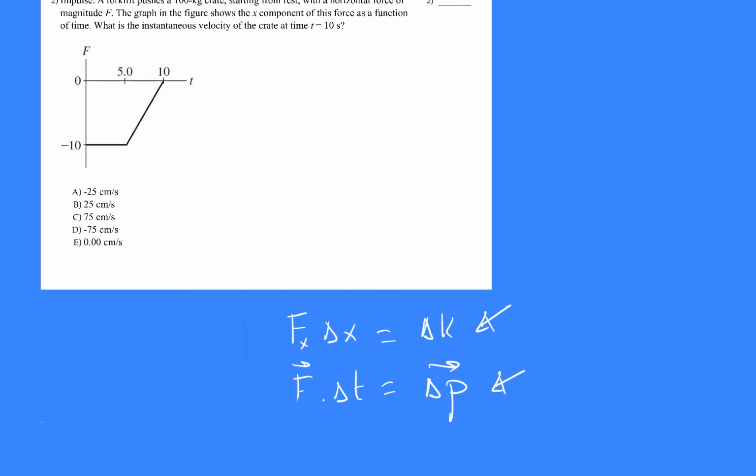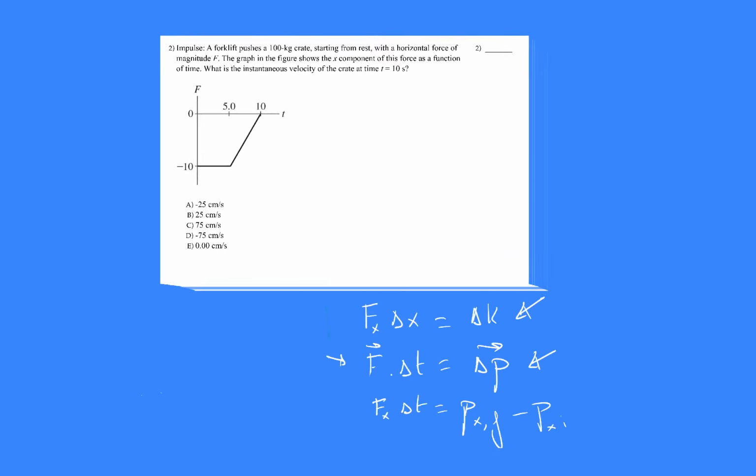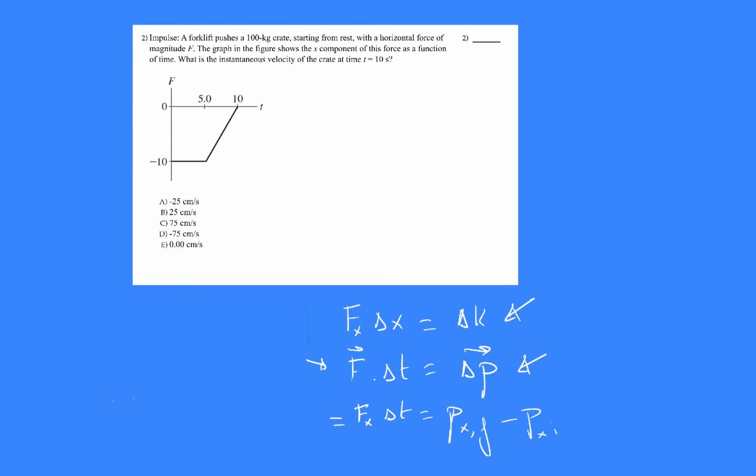But in this problem, indeed, they look like scalar equations, because they say the force in the x direction times delta t is the change in the momentum in the x direction. So it's px final minus px initial. Again, it's the same idea, and this is called the impulse.